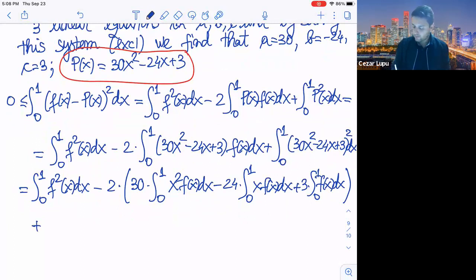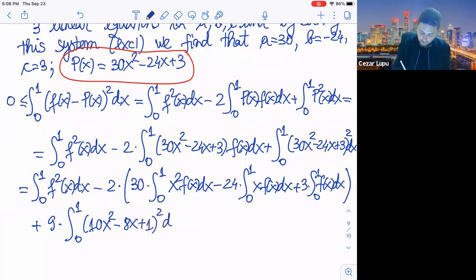I have a 3, I can factor a 3, which gives a 9. And this is the integral of 10x squared minus 8x plus 1, squared, dx. All right, great.